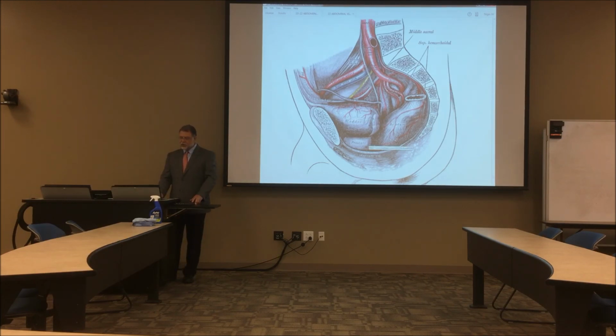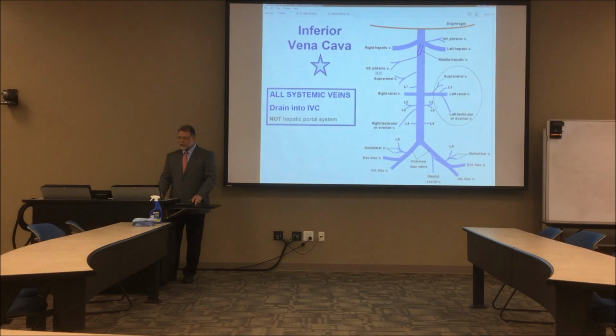So this is just a representation of how you see in the lower pelvis the bifurcation of the abdominal aorta, the right common iliac artery, the external and the internal iliac artery. The inferior vena cava, understand that all the systemic veins will drain into this.